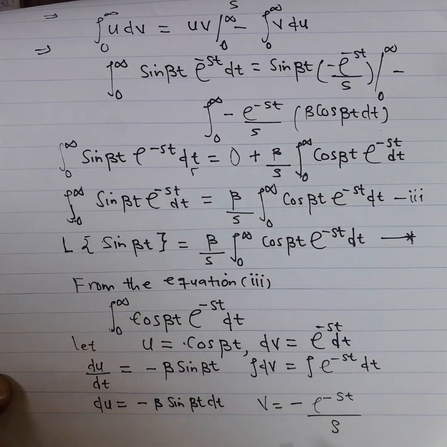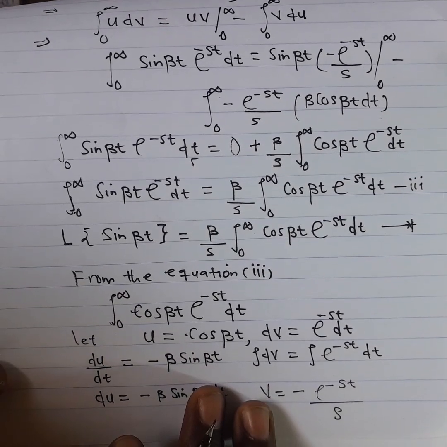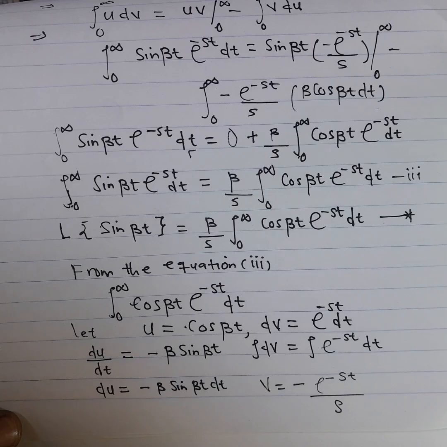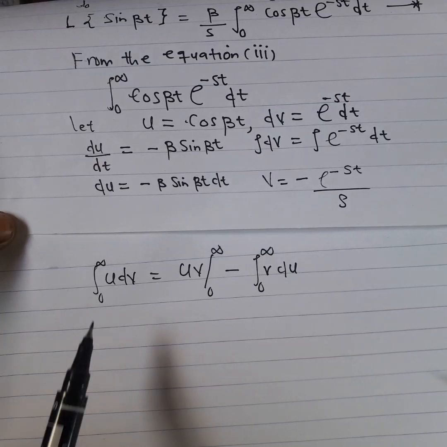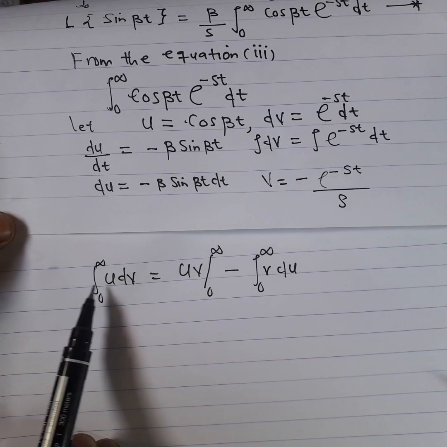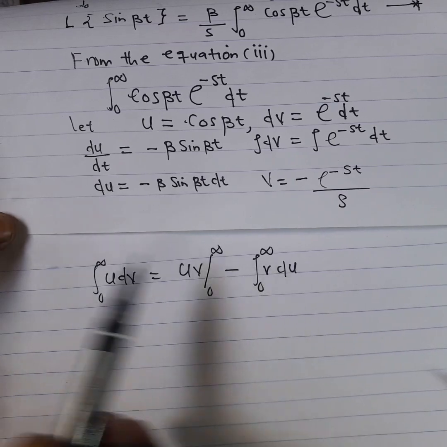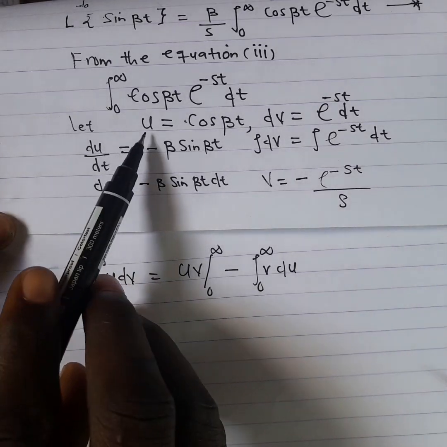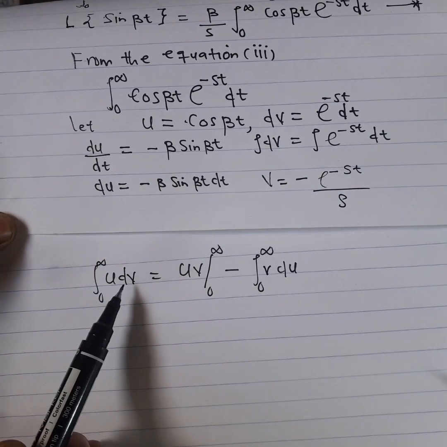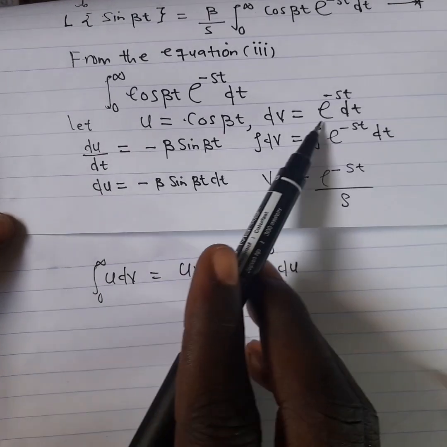Now let's substitute everything here using the integration by parts formula. So now we have this integration by parts expression by substituting the value of u here and the value of phi, which is equivalent to this.